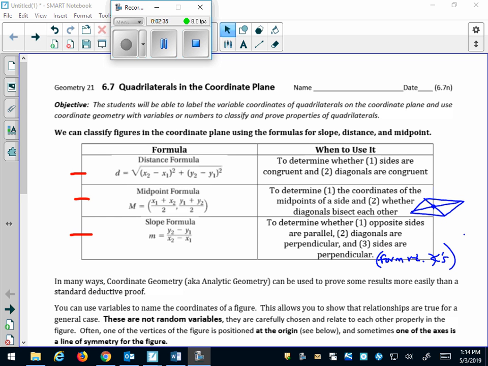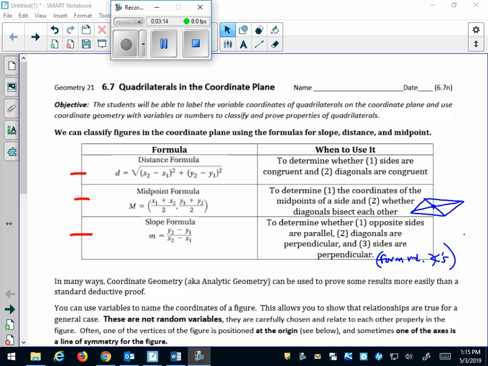You remember these 3 formulas? Distance, midpoint, slope. What do we use distance formula for? Okay, to find a distance, to find the length of a segment, right? So the distance from one point to another point is also the length of the segment with those 2 endpoints, right? So we have to remember that when we're talking about quadrilaterals, the distance formula is going to help us find the length of sides or the length of diagonals and be able to compare them.